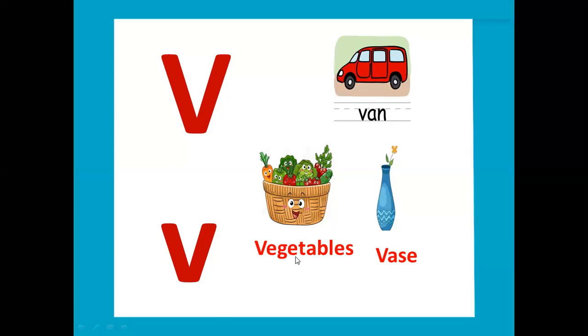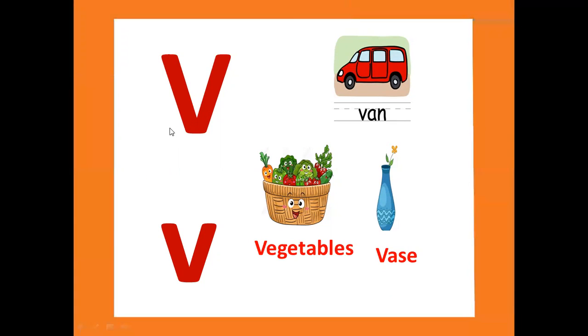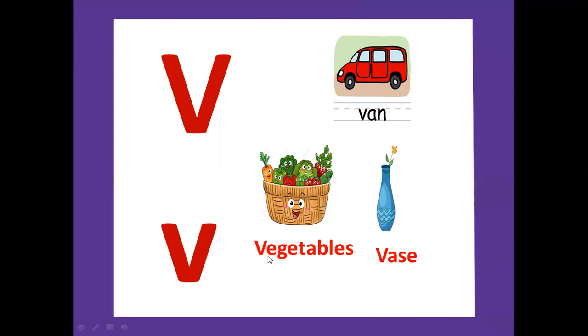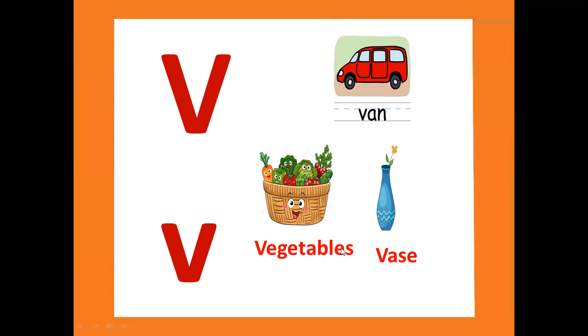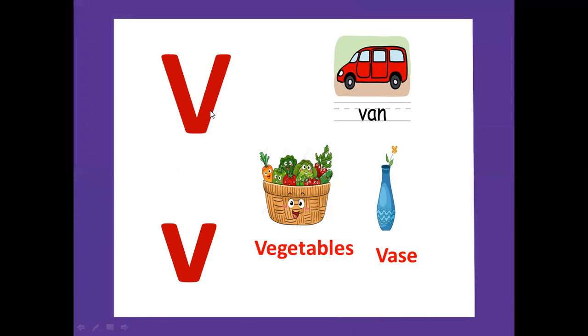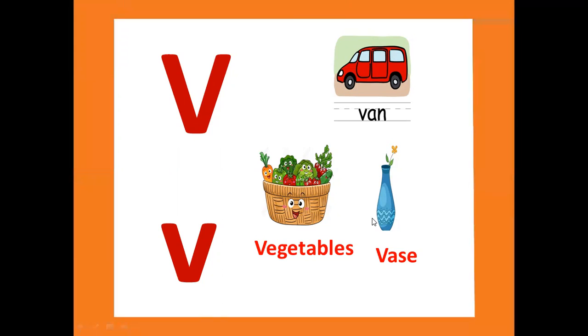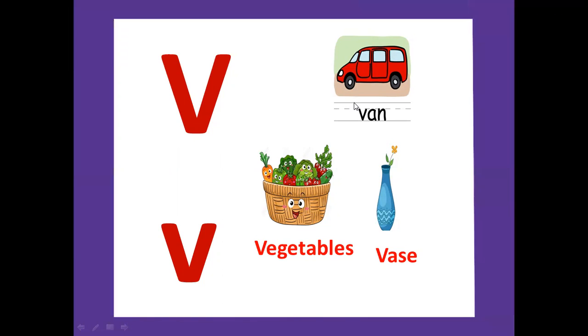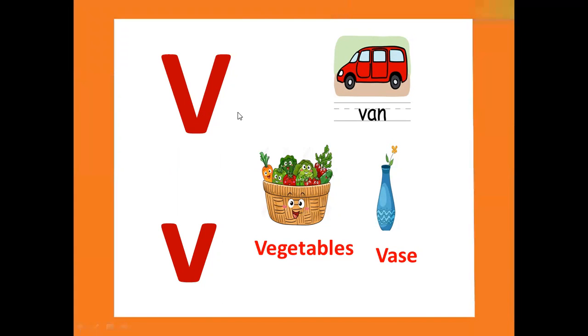V is for vegetable. Vegetables. V is for vegetable, and V is for van.